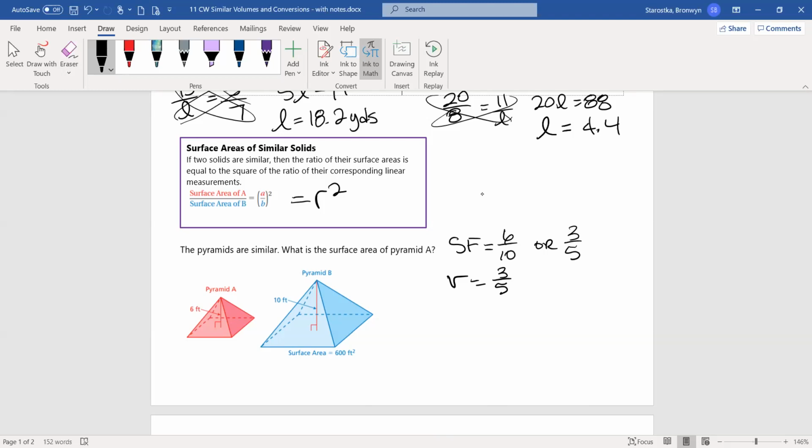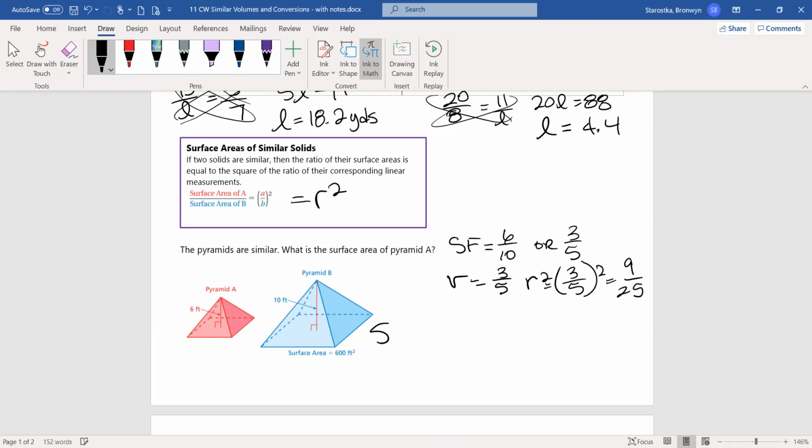Since we're talking about surface area, you need to square those. So R squared is 3/5 squared, which equals 9/25. So we take this, our scale factor, and we multiply it by our surface area.